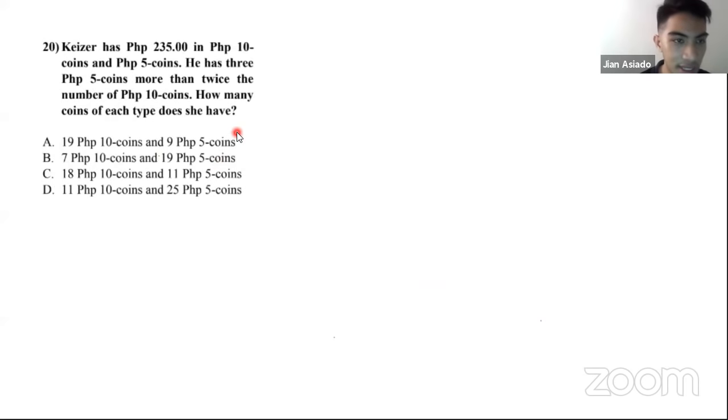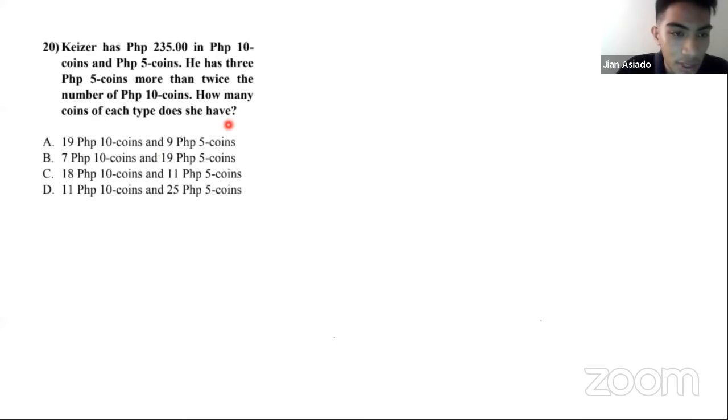Ayun. And then lastly, si Kaiser daw merong 235 pesos. Yung 235 pesos niya composed of 10 piso at 5 piso, no? Meron siyang tatlong 5 pisong coins more than twice the number of 10 peso coin. Now, how many coins of each type does she have?